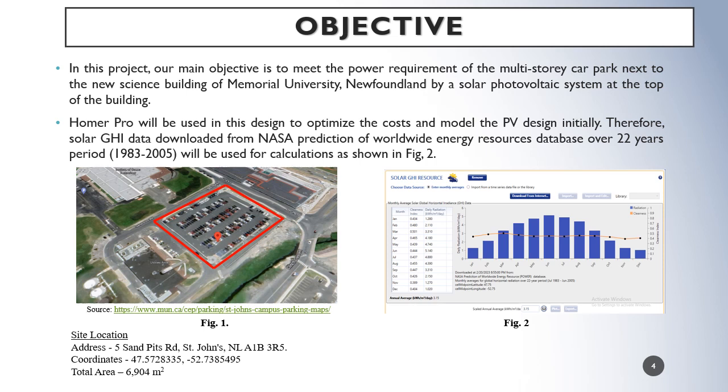So to do that in a certain mathematical way, in a simulated way, we use this Homer software here, as we can see in the figure 2 of the presentation slide. And also the figure 1 shows the exact Google Map location of the car parking that we have considered. And below that, we can see the address and coordinates of the total area, that is 6,904 meters square for the considered location. Now my friend Anika would continue.